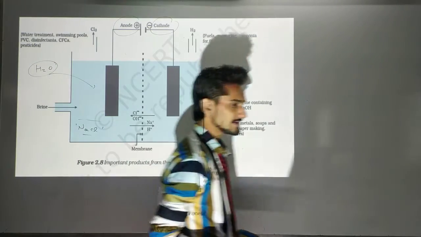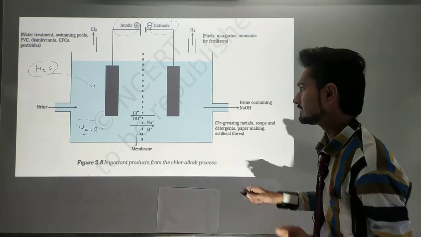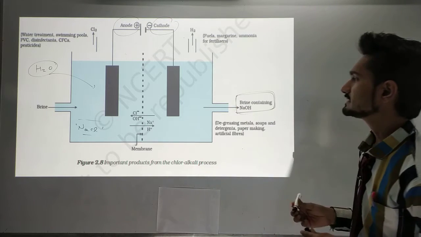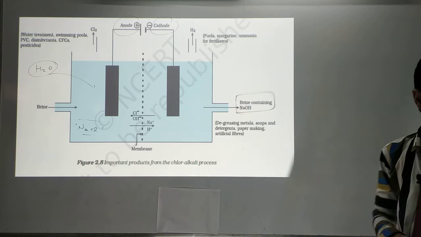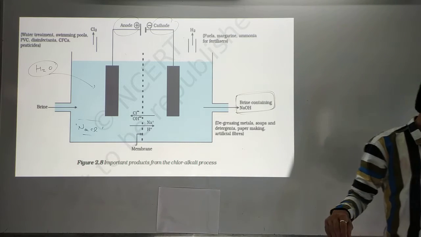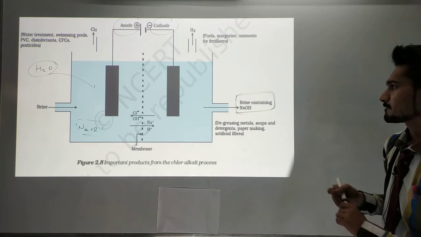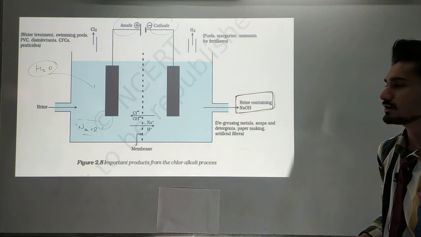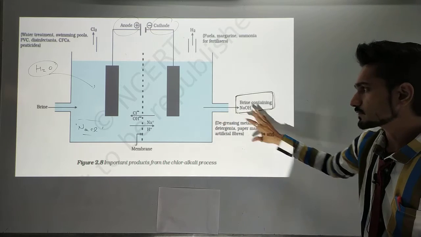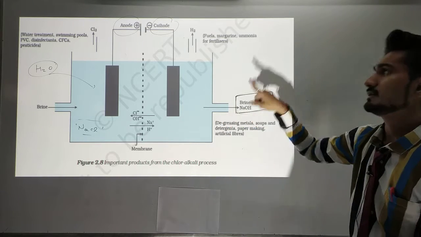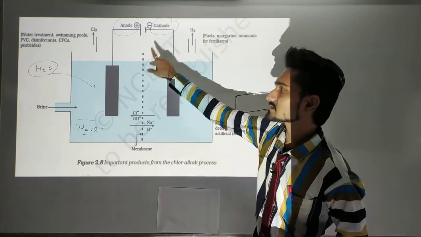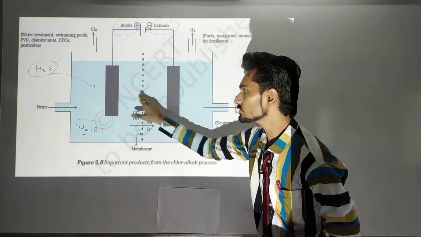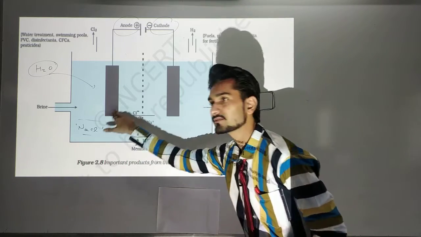The first product is called sodium hydroxide, which comes from here. As you can see here, sodium hydroxide is the product that comes from here. When I start the supply, the NaCl gets decomposed because electricity is passed through it.